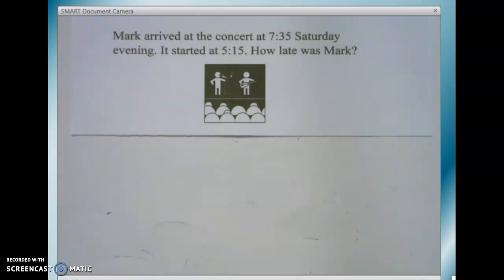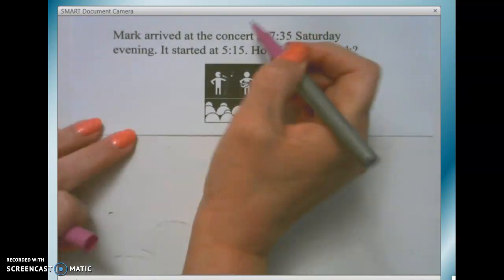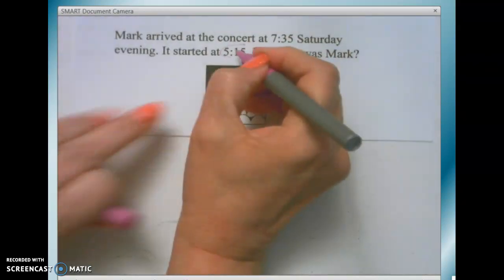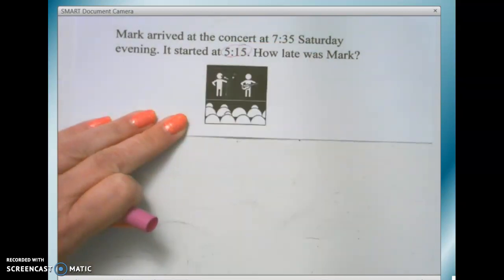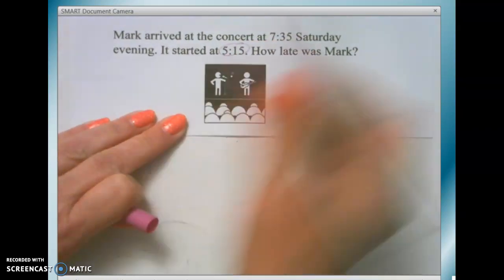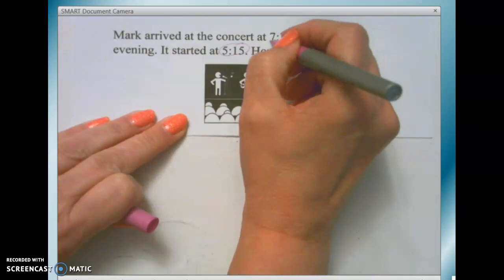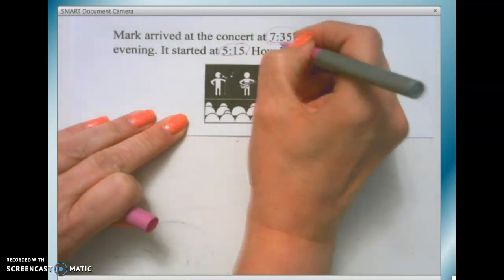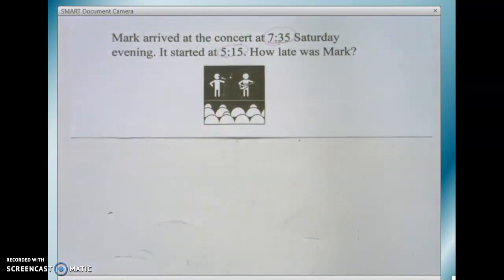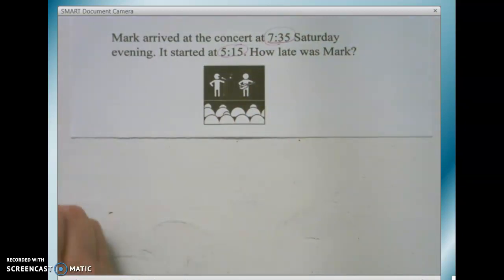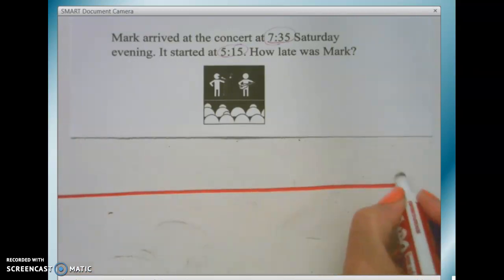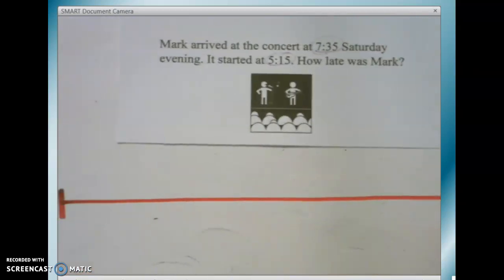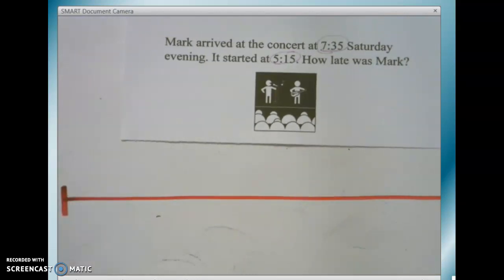We see right here that the concert started at 5:15 p.m. He arrived at the concert at 7:35. So how late was he? From the beginning of his event to the end of his event. I'll make it shorter so you can see it on the screen.